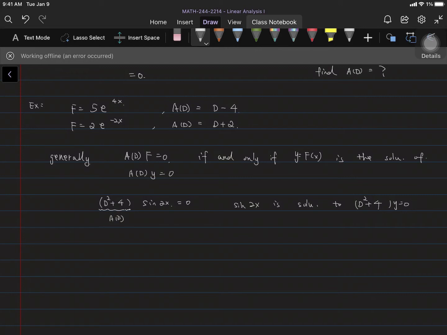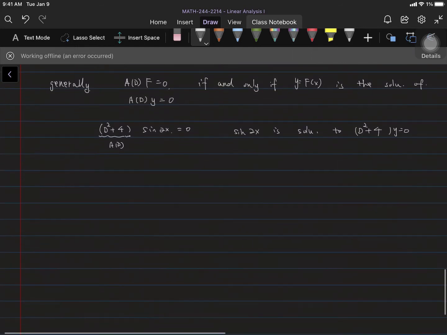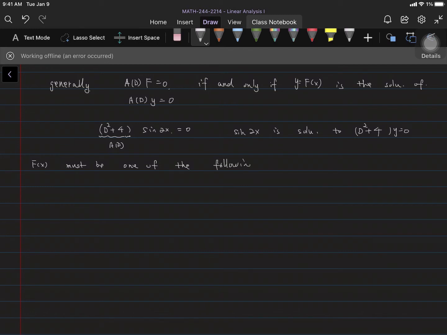That's the idea. Okay, I'm going to give you the general result here. So f of x must be one of the following forms. Let's see, the first one: f can be a constant, or x to the k e to the ax. Okay.